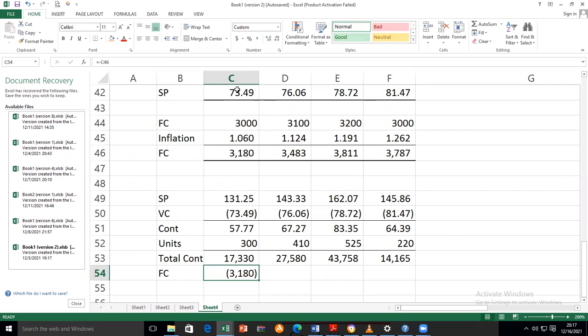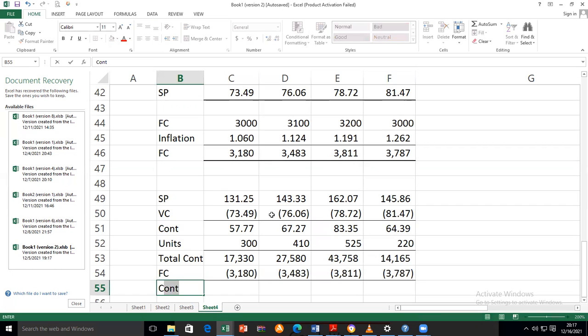So let's go. Let's now bring in the fixed cost. So we've got our cash flow.